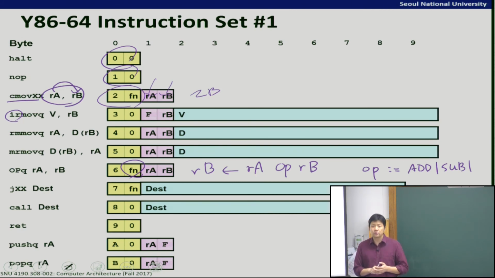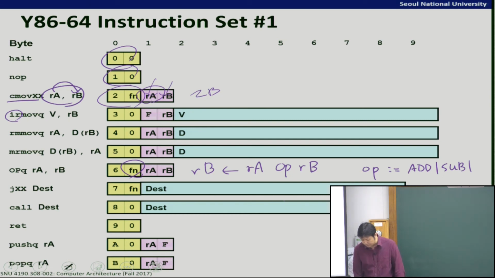To specify one register, it takes 4 bits, because we have 15 registers, so we need at least 4 bits to specify the register name. The first nibble specifies the RA register, and the second one specifies the RB register.